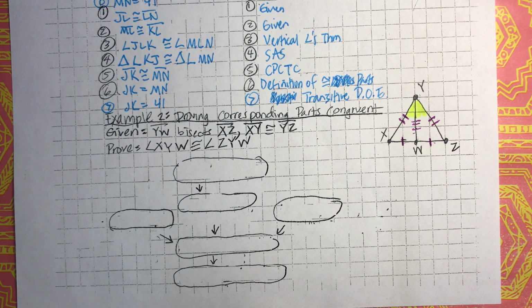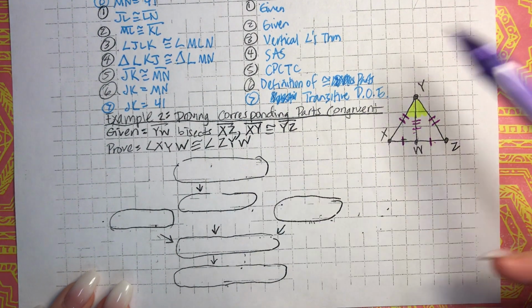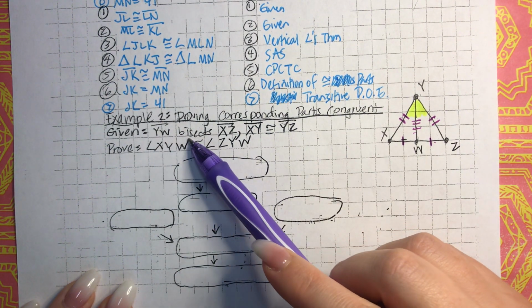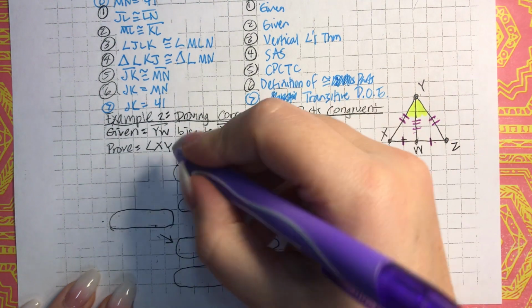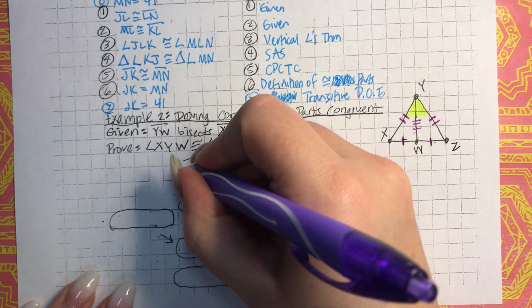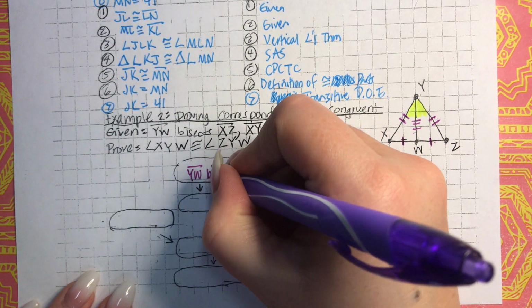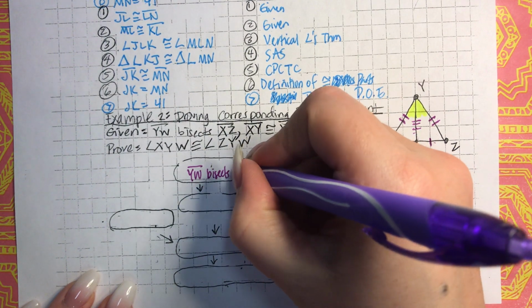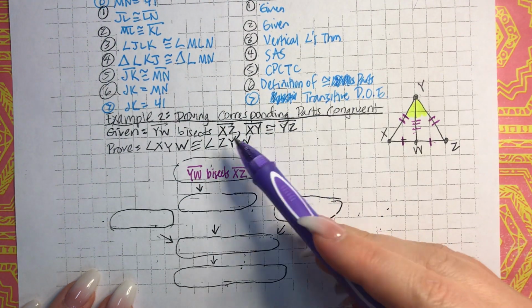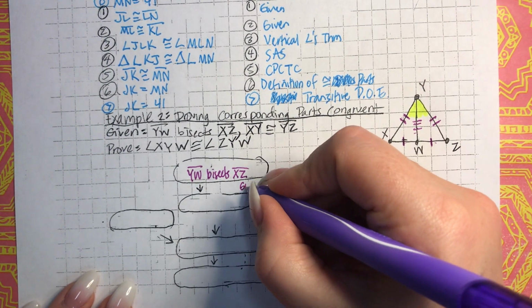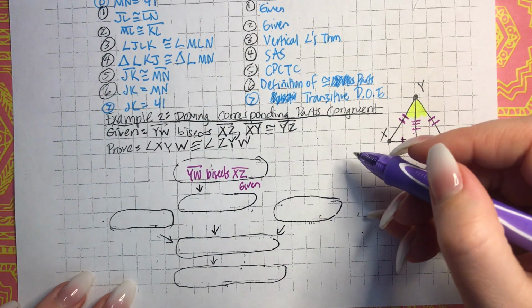Okay, so first, how about we do the two-stepper, right? So YW bisects XZ. So I'm going to write that right here. YW bisects XZ, and then we write the given part here. I haven't done a flowchart proof in a while.